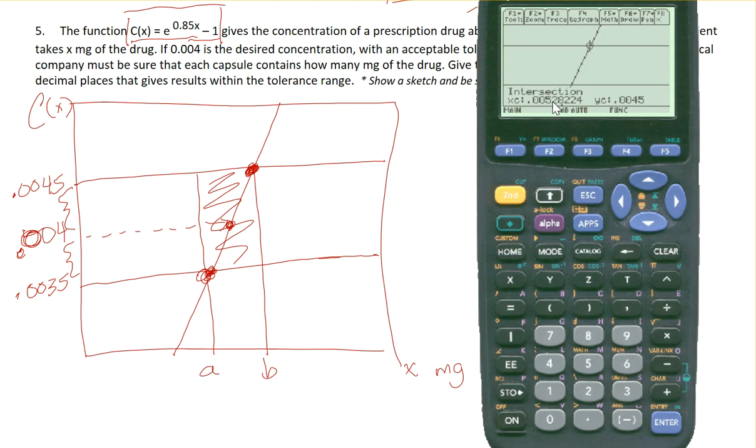So we want our answers to be within, it says give your answers to 4 decimal places. So for this one, I would not go to 0.0053. So don't round. Make sure this one you would round down, because going above this amount of medication might be harmful. So I'm going to transfer that to our paper.